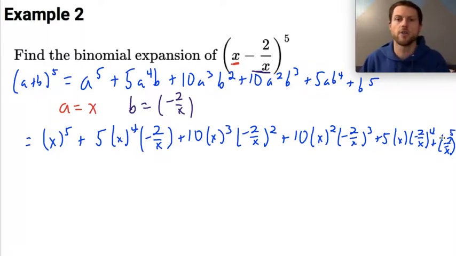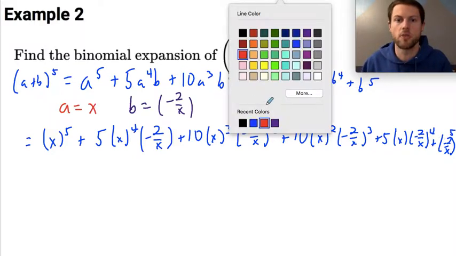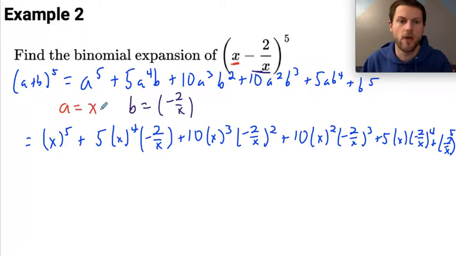Really, all that I did here is plug in x wherever I see an a. There's an a, there's an a, there's an a, there's an a, there's an a. So I'm literally just mapping these a values.